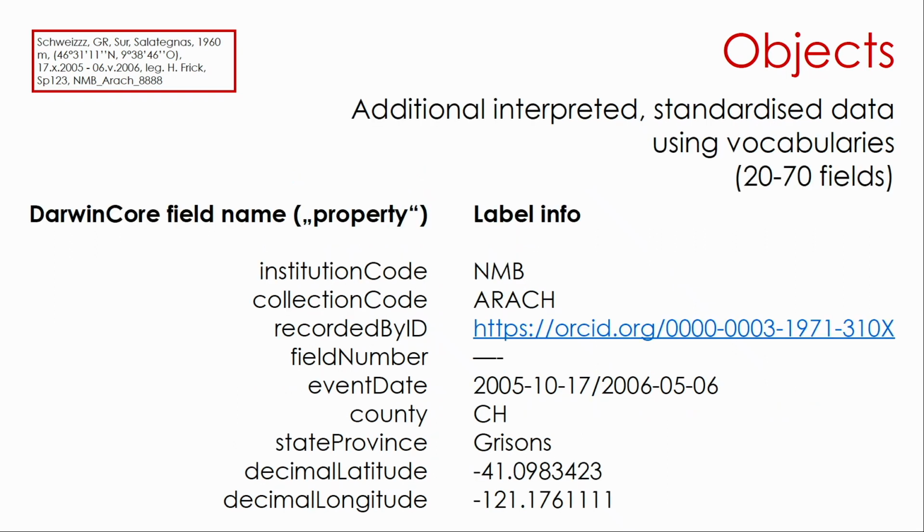But it's not the end of the story, of course. We need a little bit more. If we want to use the data for research, some of these fields or some of the data have to be more standardized. And then we get to the interpreted data. So I translate my verbatim data into data that are in a certain set.